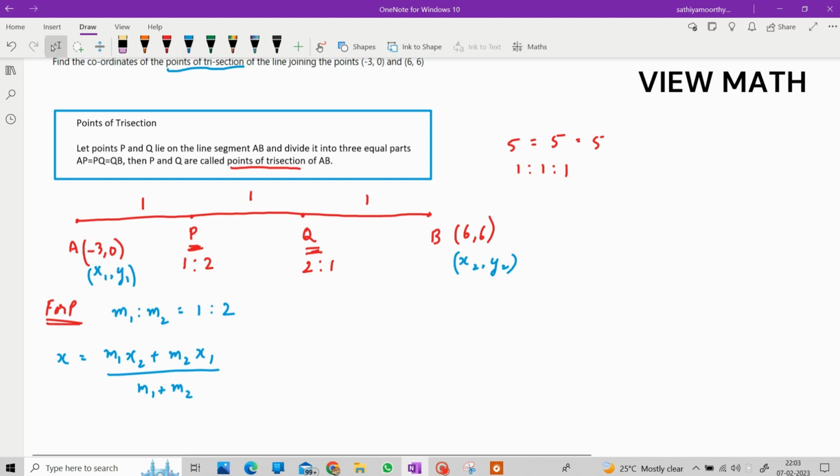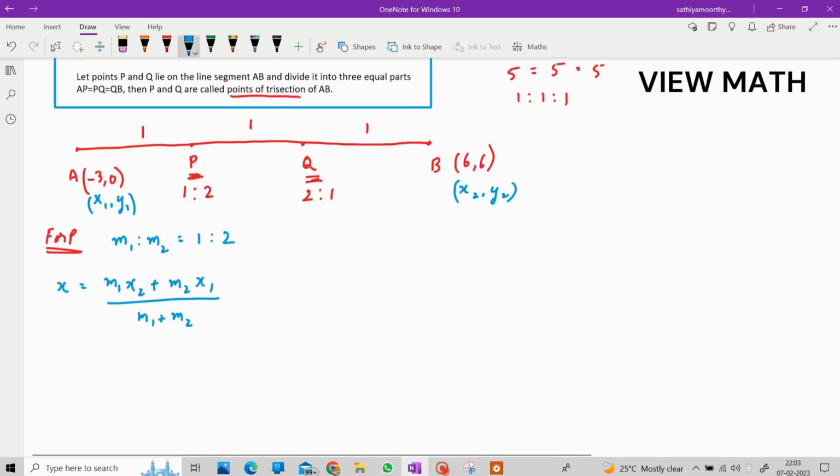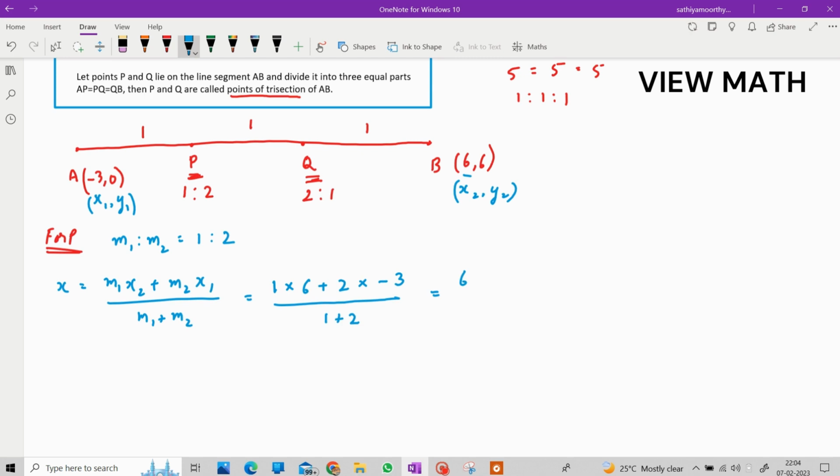Now let me substitute it. This is equal to m1 is 1 into x2 is 6 plus m2 is 2 into x1 is -3, divided by m1 plus m2, 1 plus 2. Now let me simplify this. This is 6, 2 into -3 is -6, divided by 3. So 6 minus 6 is equal to 0. So the x value is 0.